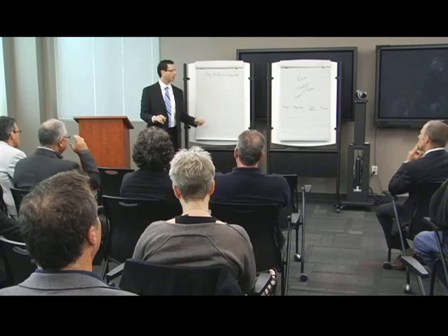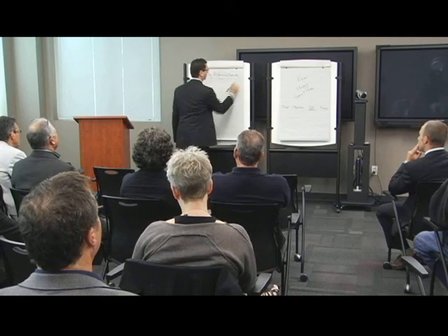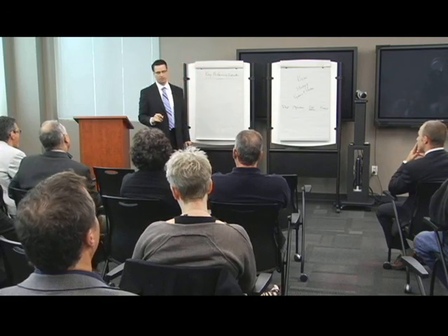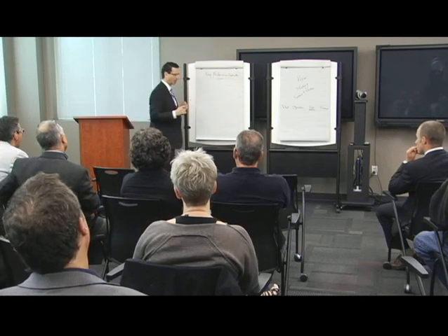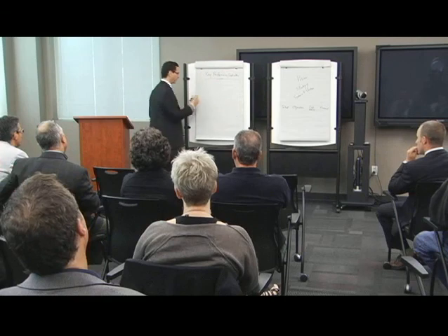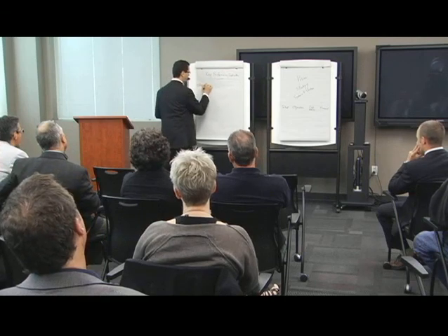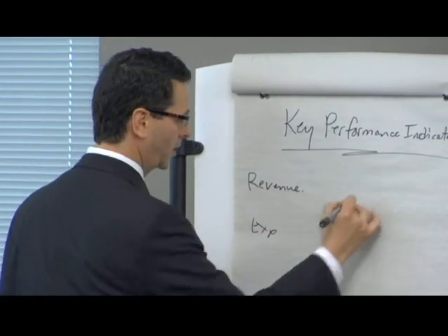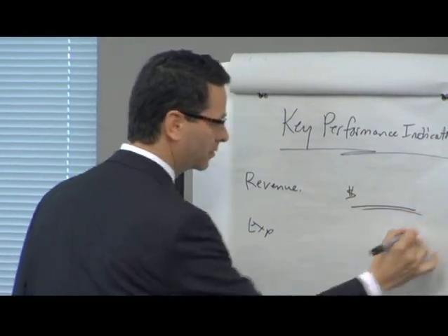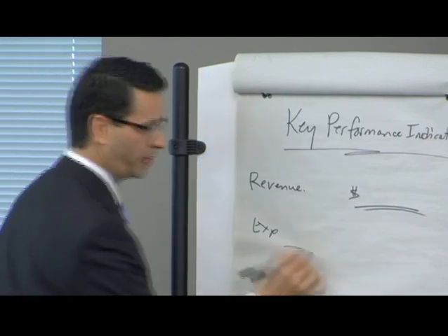So, key performance indicators. This is really important, and I want to spend a little bit of time on this, because in my experience, as an accountant, I apologize, we've done this. Your financial statements look like this, and then we got one number here. But boy, have we got detail down here.